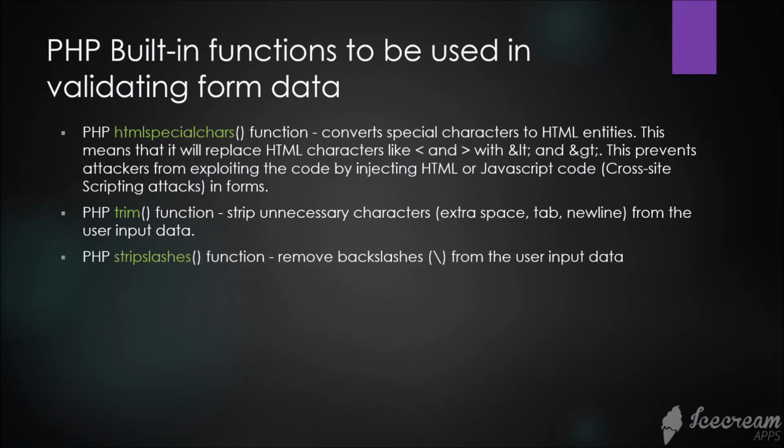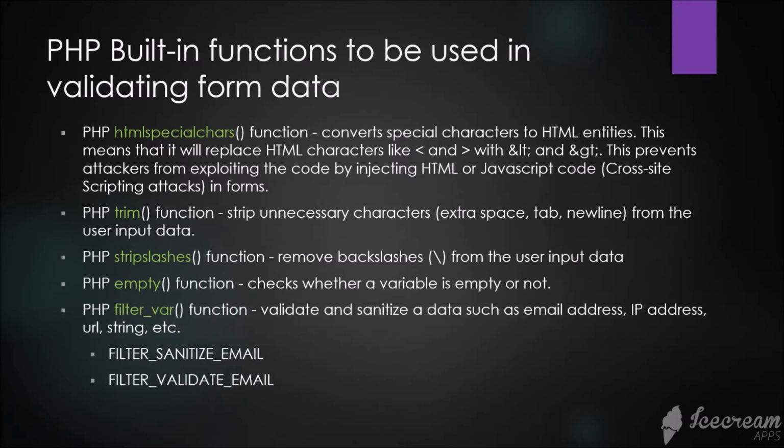Then we have the stripslashes function, which removes backslashes from the user input data. Then we have the empty function, which we use to check whether a variable is empty or not.